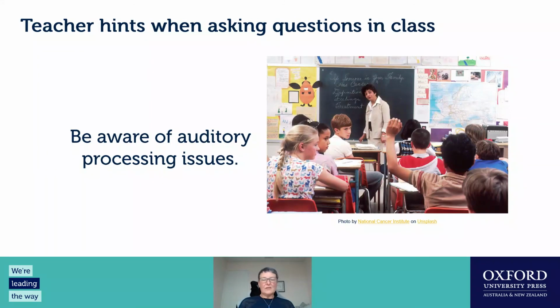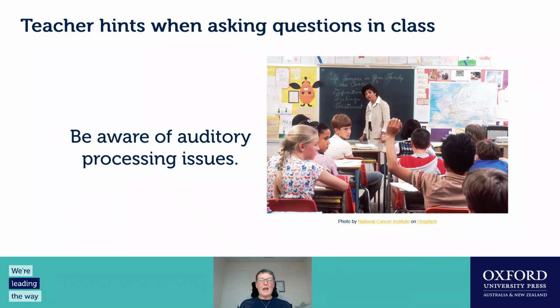So other things that I thought are worthwhile mentioning, because I was thinking in terms of other things that I have learned over time, is being aware of auditory processing issues. Some of the things I find with students is when you're asking questions in class, they're not always picking up those key words that give an indication of the depth of the question that you're after.